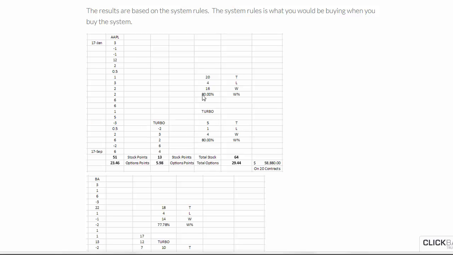And you can see here on Apple it does quite well, and the netting out of stock points 64, which is approximated to be 29.44 points on the options, which means that also the some premium decay is factored in to this equation, right? Because you are in a position usually 2 to 5 days. So let's just say the average is 3.5. Sometimes it can go longer if you're on a good run.